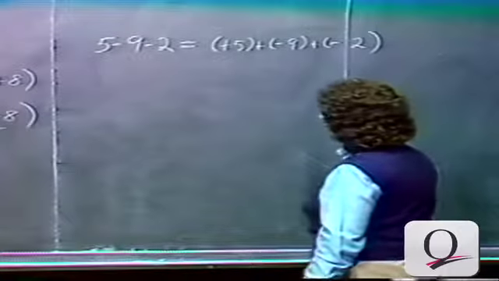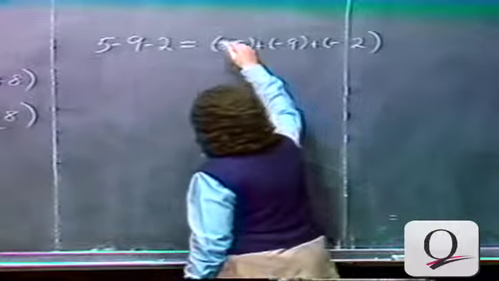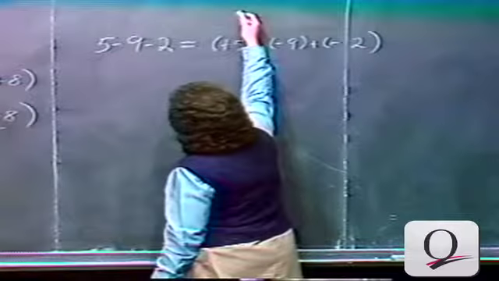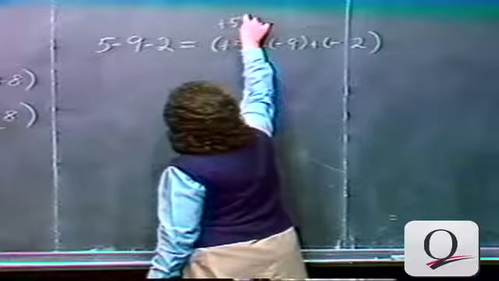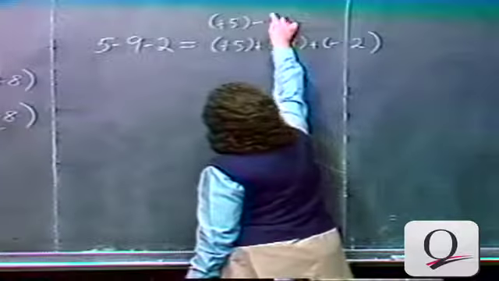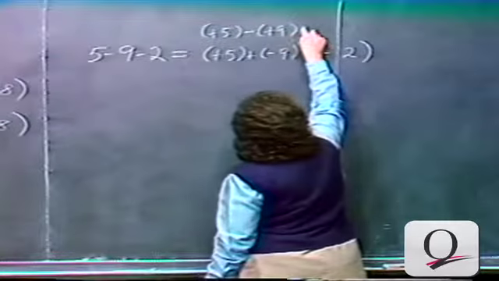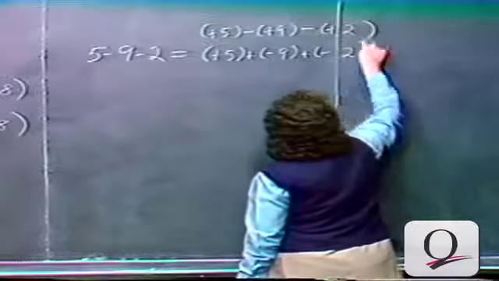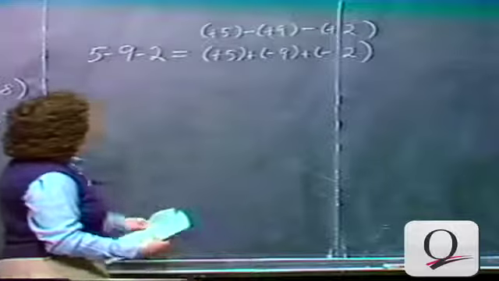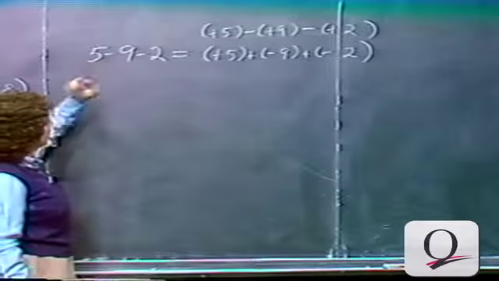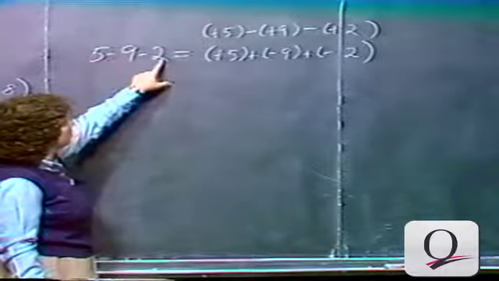Or if you prefer the other way of looking at it, it gets to the same point. You could think of it as a +5, take away a +9, take away a +2.